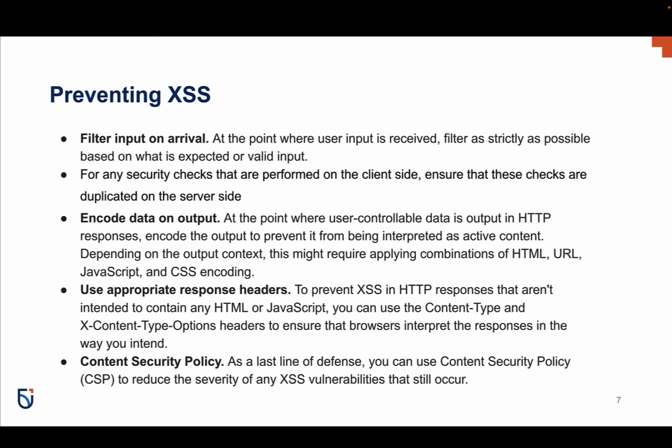Finally, you can use content security policy, and this is the last measure that you can put in, enabling content security policy to reduce the severity of any of these cross-site scripting vulnerabilities.